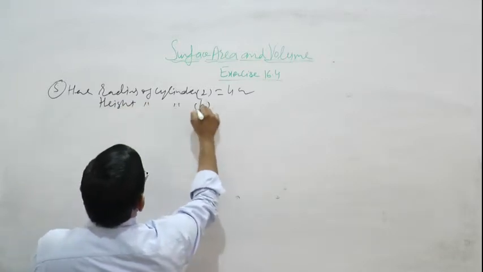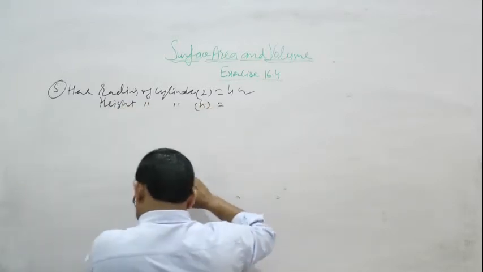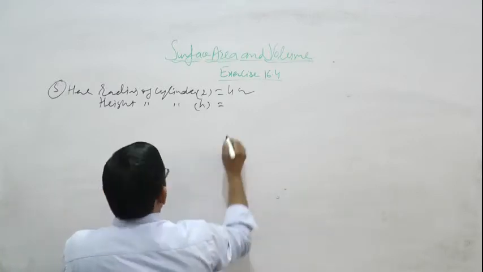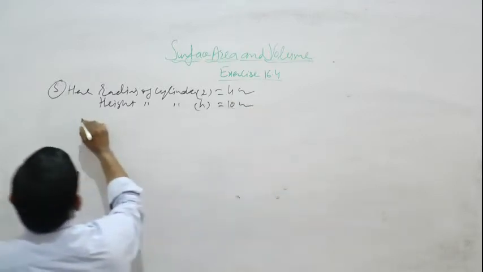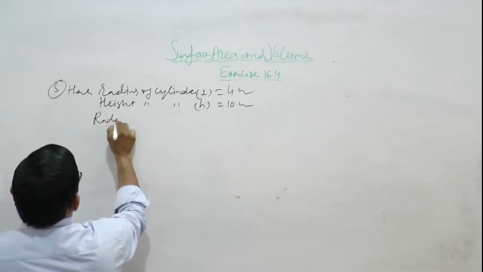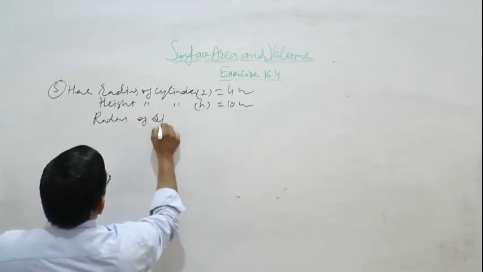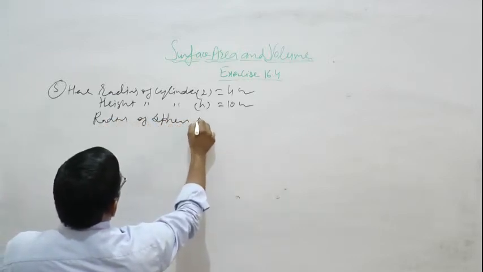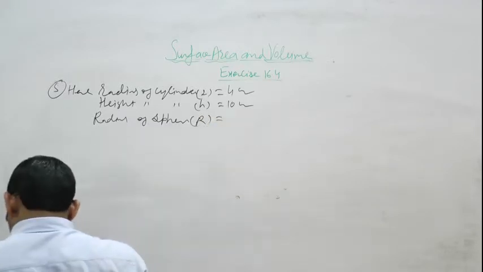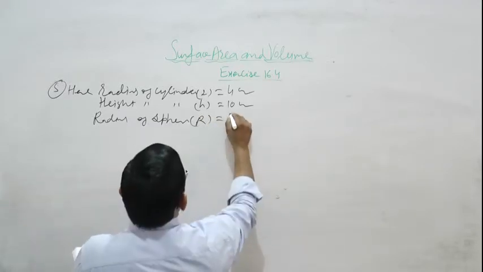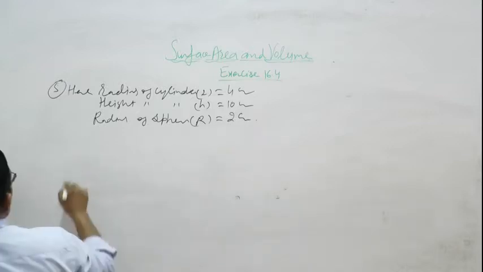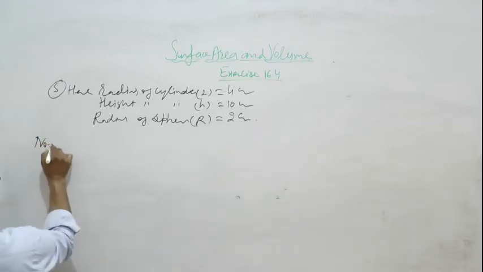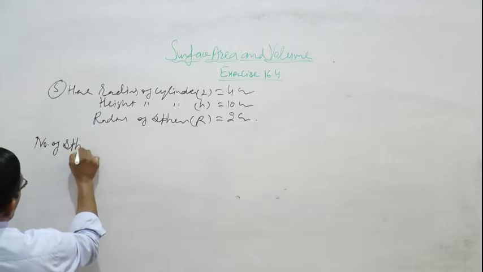Height of cylinder is 10 centimeter and radius of sphere is 2 centimeter. We want to find out number of spheres.